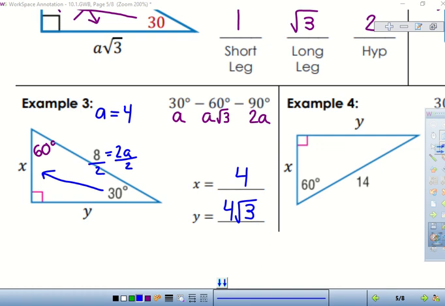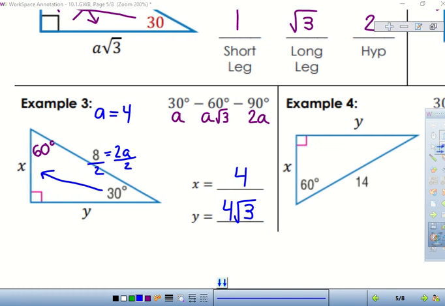Good question. So, I'm a little confused. When you divide 8 by 2 and you get 4. Yeah, I know that, but I'm kind of confused where you get the radical 2a divided by 2.